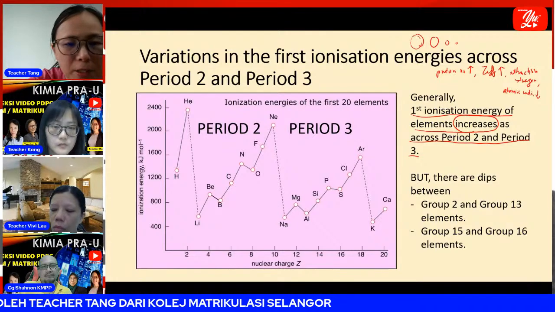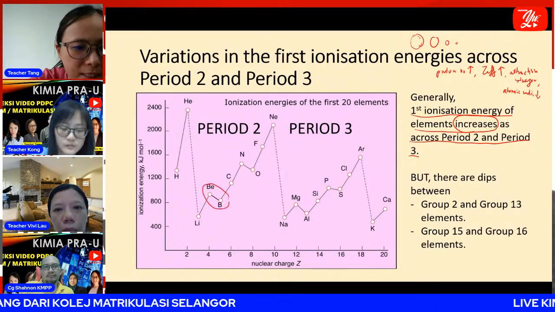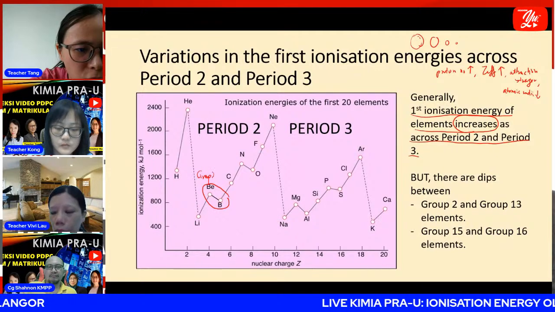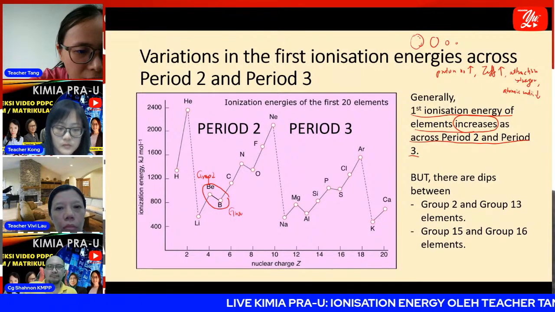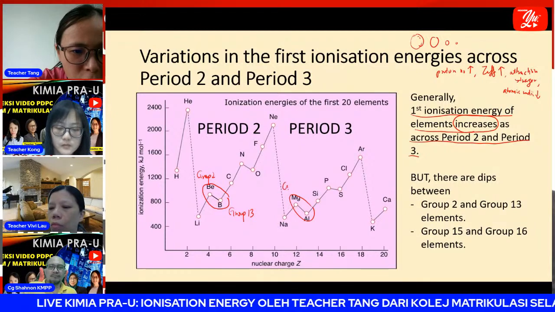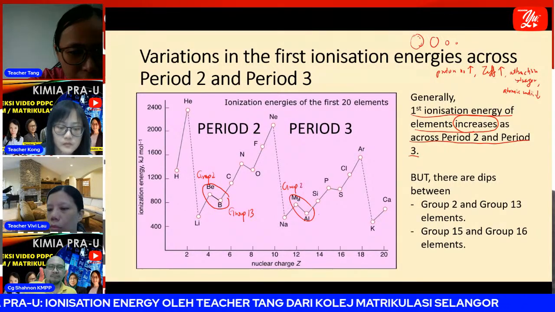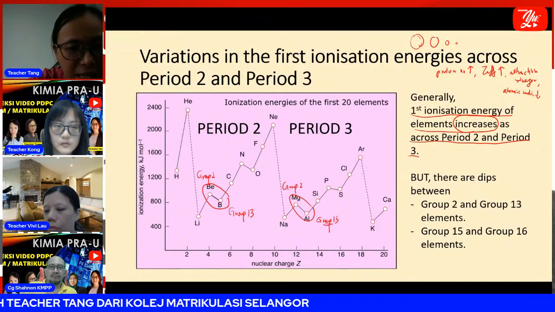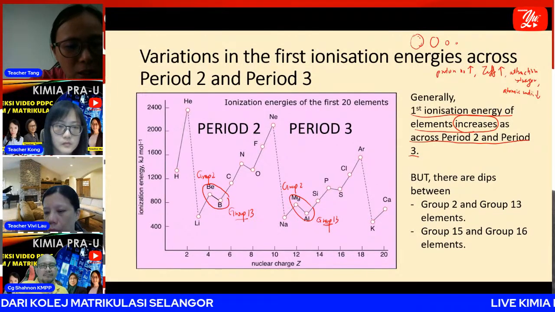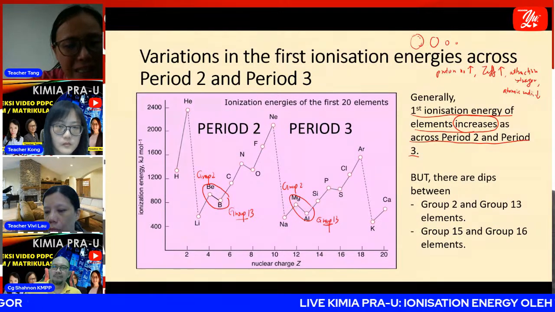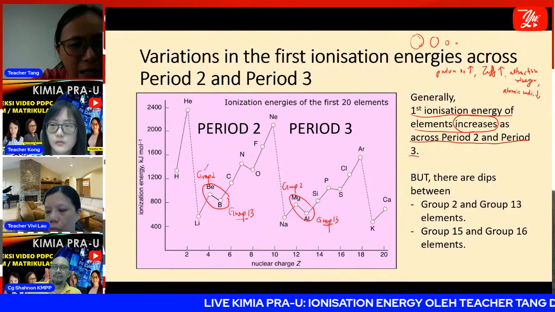However, across period 2 and period 3, we see anomalous cases whereby for group 2 and group 13 elements, we are expecting the group 13 element to have higher first ionization energy. But in real situation, no. The group 13 element has lower first ionization energy than the group 2 element.